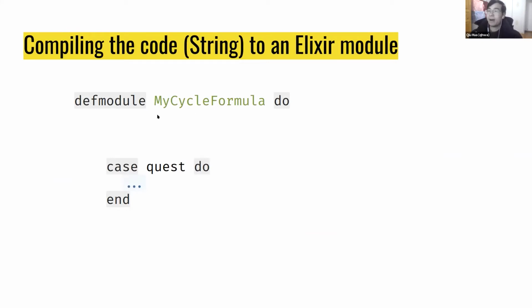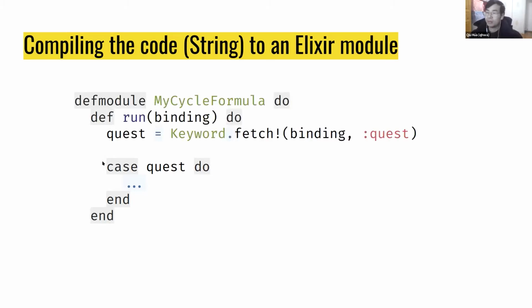I tried to compile this function string AST back to an Elixir module. I want it to be compiled when it is compiled. So inside here we have the function, and we will wrap the function in a module and a function run. What I wanted is to keep this formula as simple as possible.